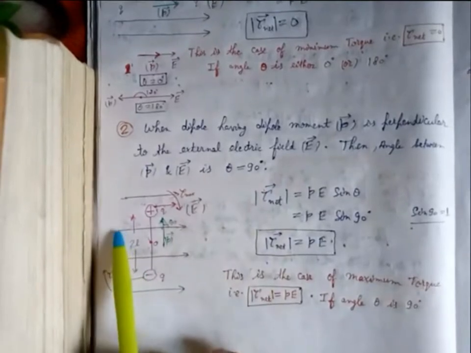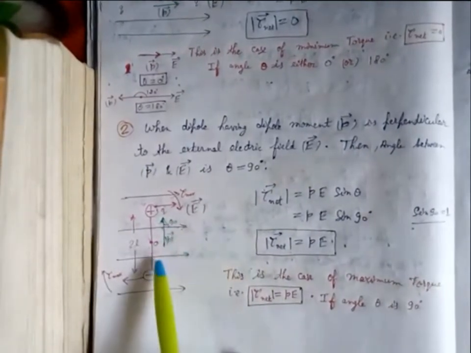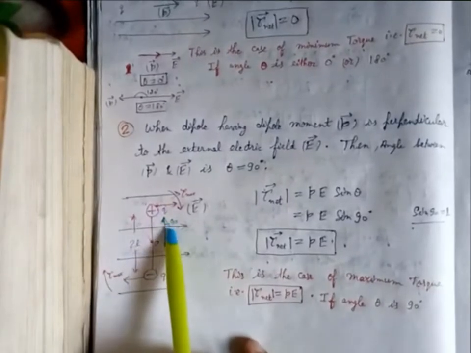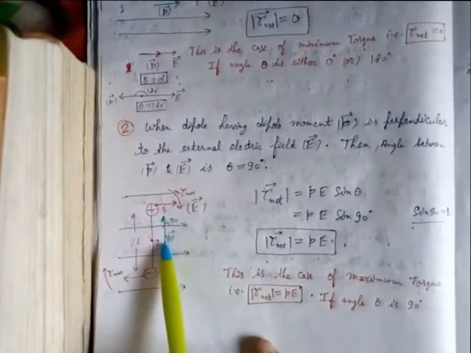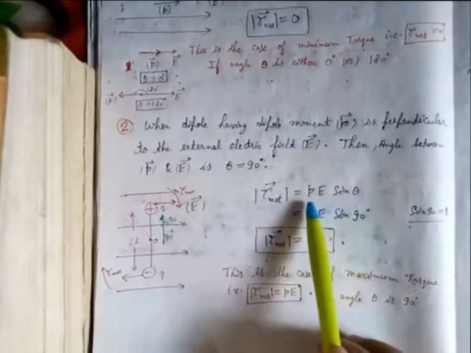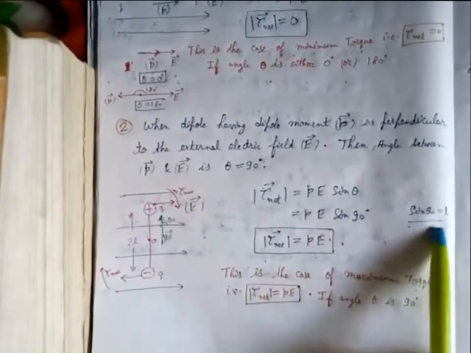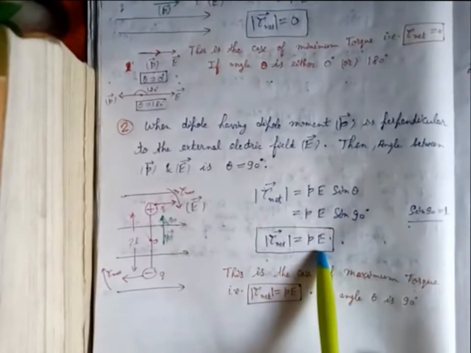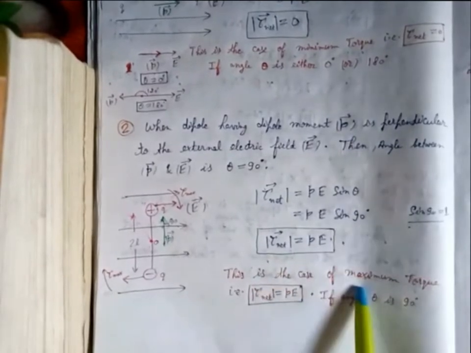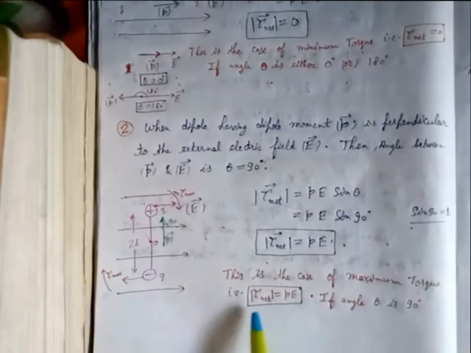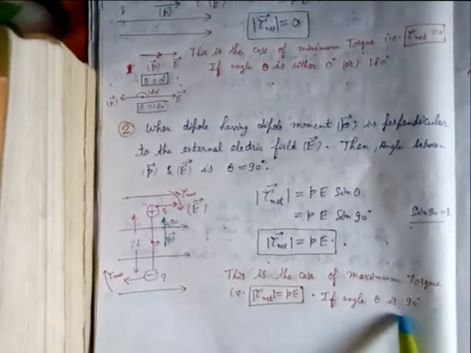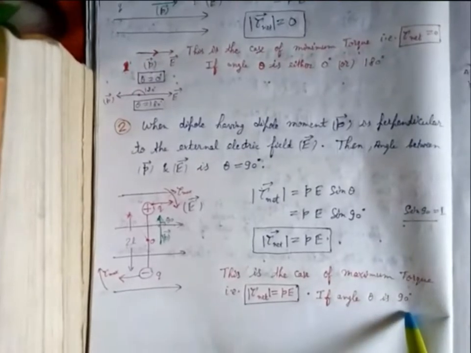It means the electric field is horizontal and the dipole moment is vertical, and both make a 90 degree angle with respect to each other. So the net torque will be P E sin theta. Sin 90 is 1. So net torque will be P into E. This is the maximum condition of the torque, that is, torque is equal to P into E when the angle theta is 90 degree.